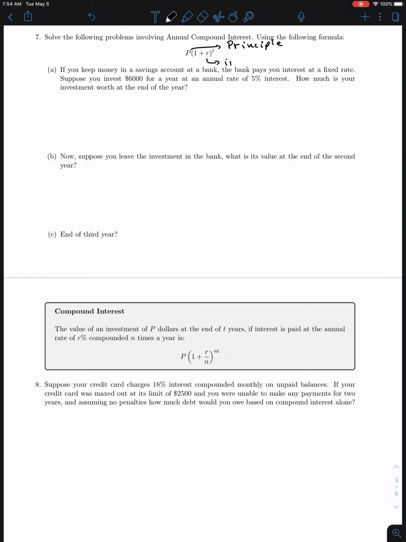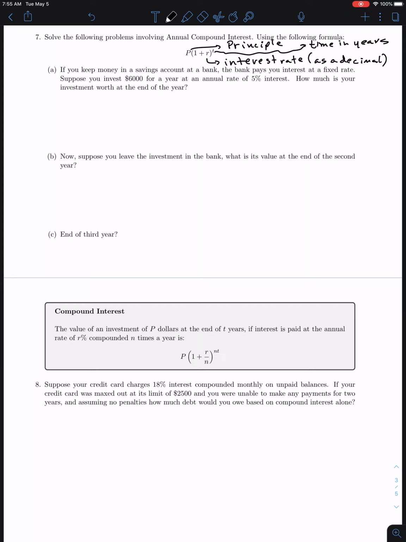The R is the interest rate, always as a decimal. And then finally, T is the time in years. When you're looking through a problem, all that stuff's going to be given, so it's just a matter of going through and identifying what's what.